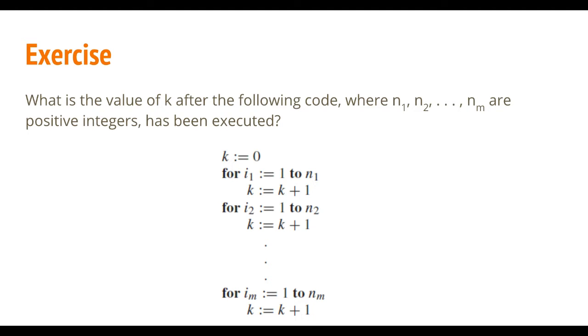For a demo, say k equals initially 0, and we have 4 loops, so we could come up with a concrete number of loops, maybe 5 loops, and they're all extending from 1 to n1 and 1 to n2 up to nm.